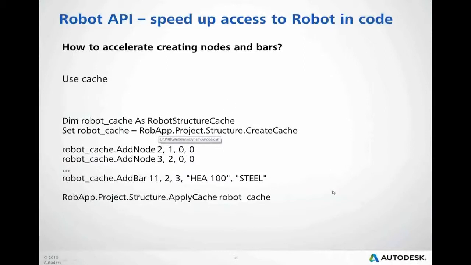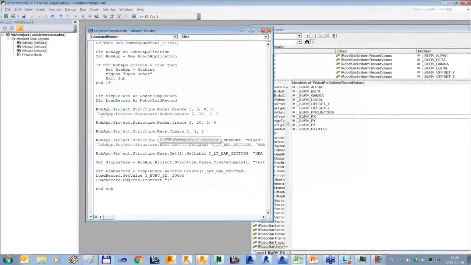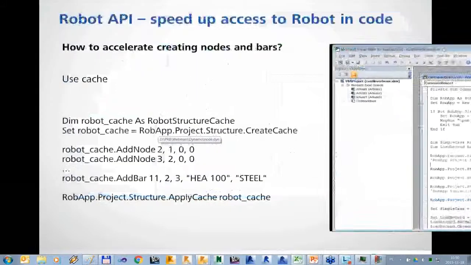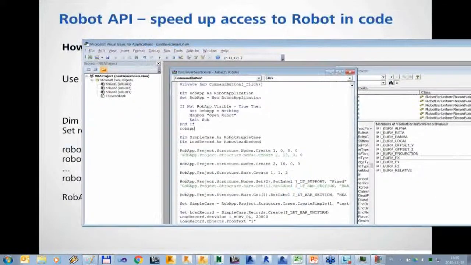So let's look at it in our VBA environment. To activate or use the cache, we have to use the object project structure, then create cache. So here is the method to apply cache and then create cache. In create cache, you can only use add bars and nodes, and you can set some labels for these nodes and some labels for the bars only.